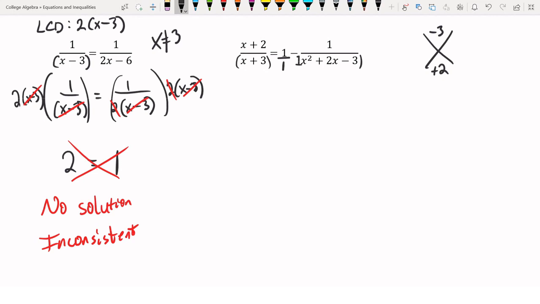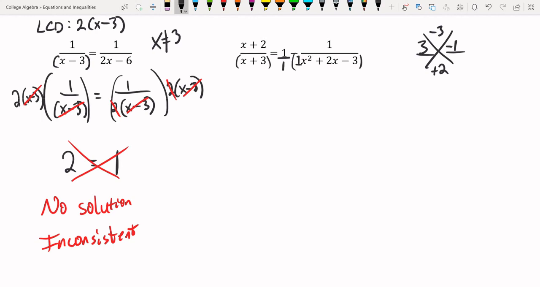We can use the shortcut method for the AC method, meaning once we find these two numbers, we can immediately factor it. What two numbers multiply to give -3 and add to give +2? Multiply to give 3 is easy. It's going to be 3 and 1. That's the only combination possible. Now to add to give +2, one of these has to be negative.